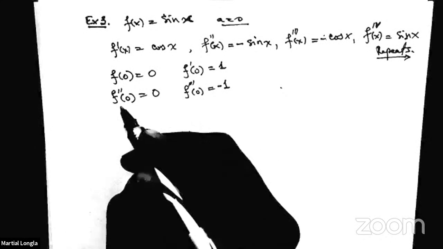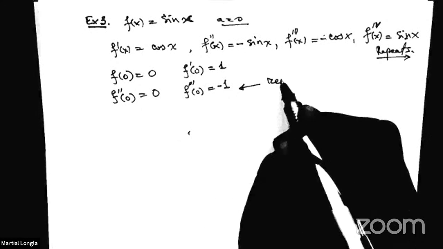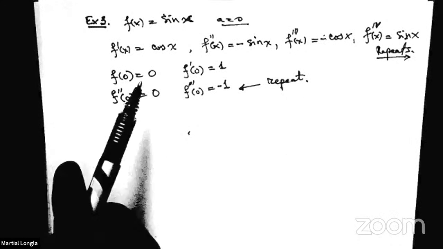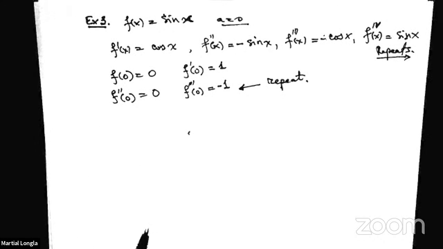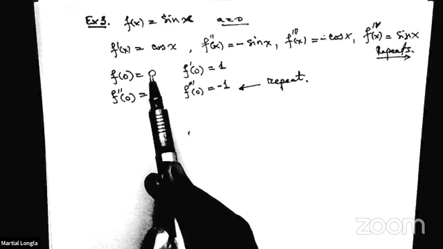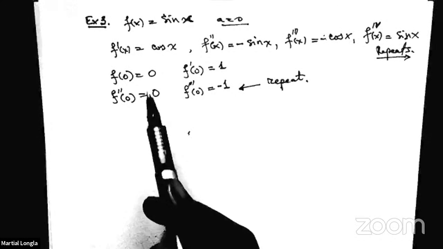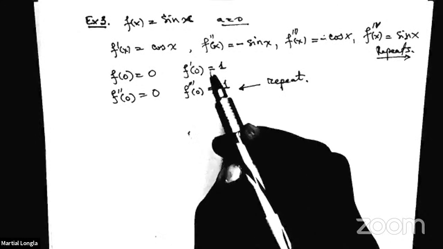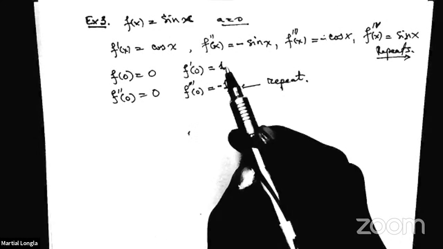And then we start repeating. And this shows that what? 0, 2, 4, 6, 8, 10, 12, 14, 16, and so on are all going to be zeros, right? So all even terms are going to have coefficient 0. And the odd terms are going to be 1, then minus 1, 1, then minus 1, 1, then minus 1.